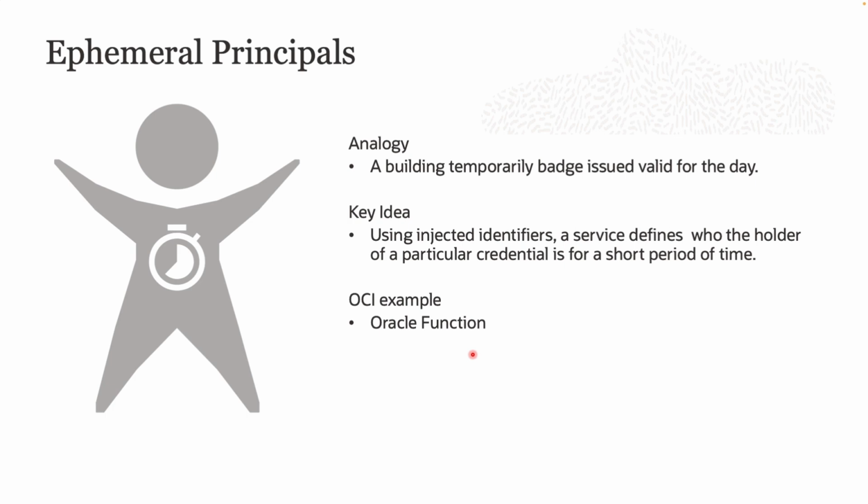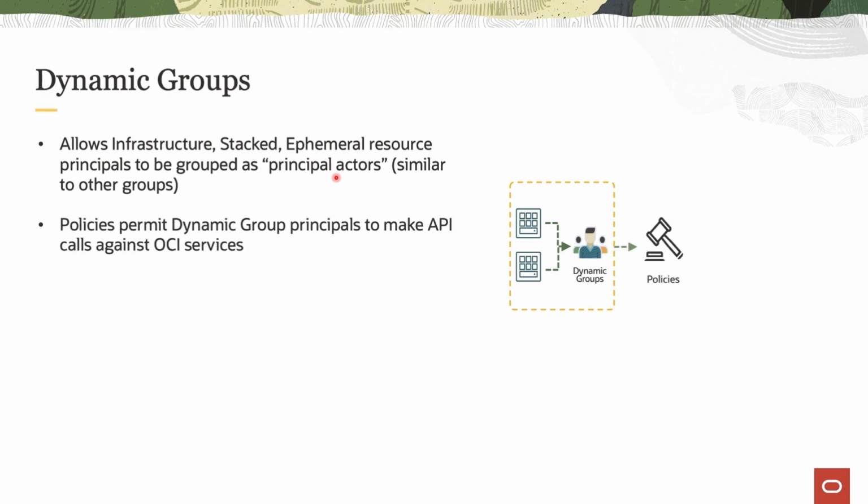Now after knowing all the resource principal patterns, we will go ahead and look at dynamic groups. A dynamic group enables grouping of all these resource principals as principal actors, similar to user groups. So you can now group different resource principals together and we call it a dynamic group. And then we write policies for dynamic groups.